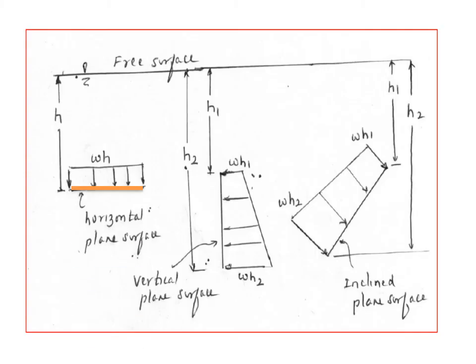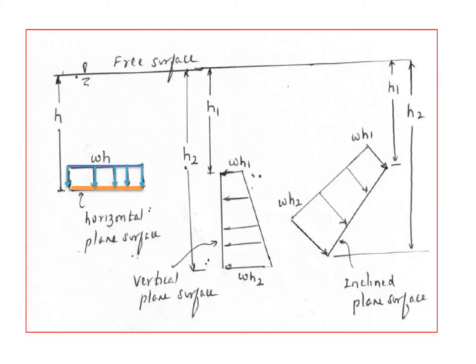The pressure intensity is omega into h. At any point on the horizontal surface, h remains the same, so the pressure intensity omega h will be constant. Therefore it is a uniform pressure diagram, shown here. Average pressure intensity into the area of the horizontal plane surface will give you the total pressure force.